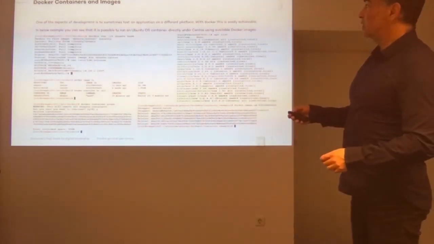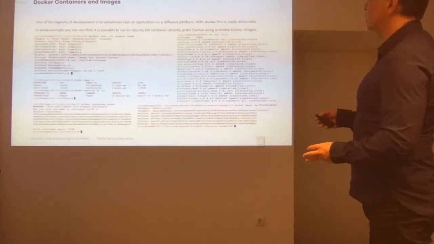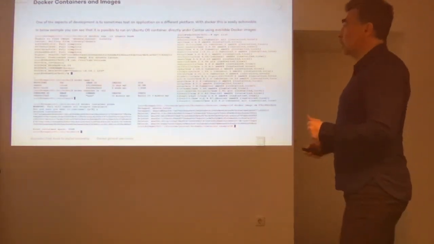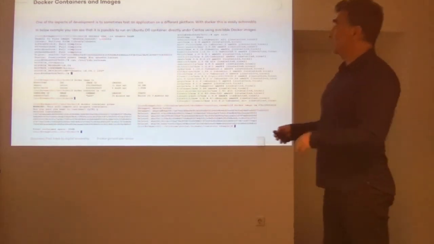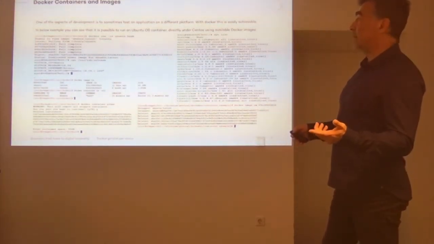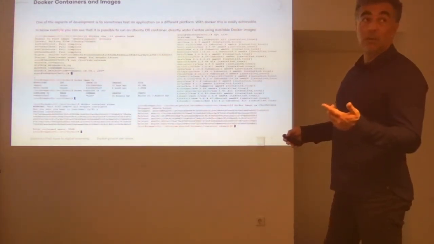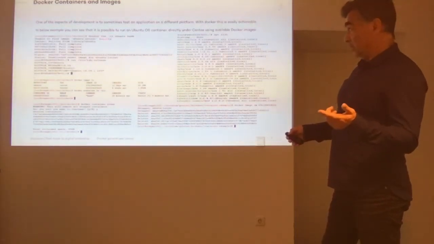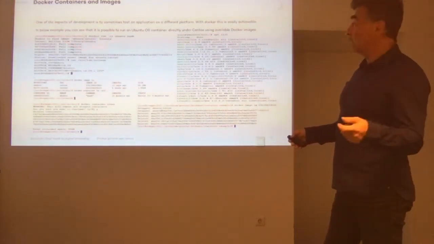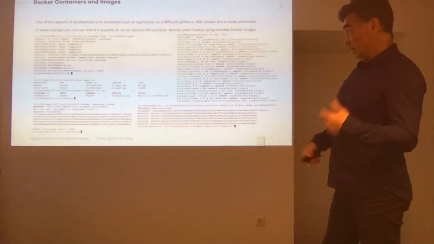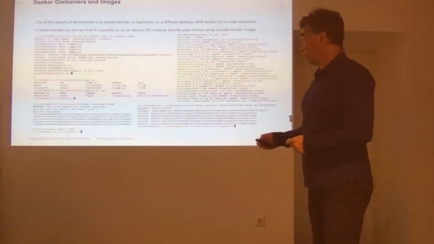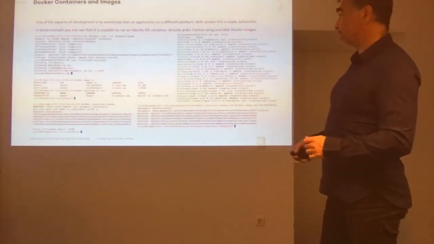In the example below, you can see that it's possible to run an Ubuntu container directly on CentOS using available Docker images. What we do is simply write docker run -it ubuntu bash. I'm saying give me Ubuntu, give me an interactive shell in bash.